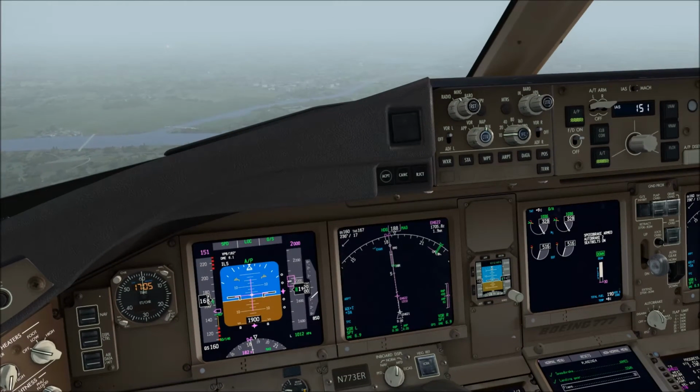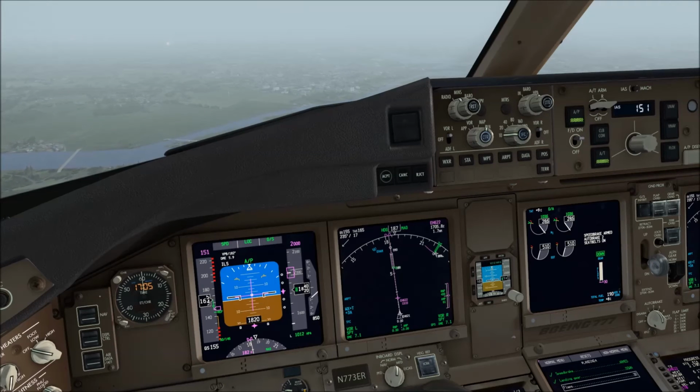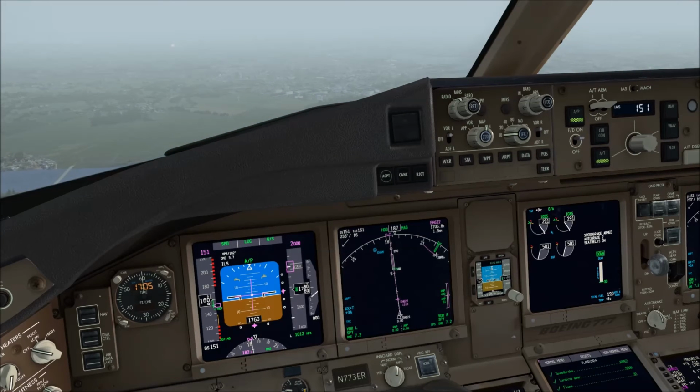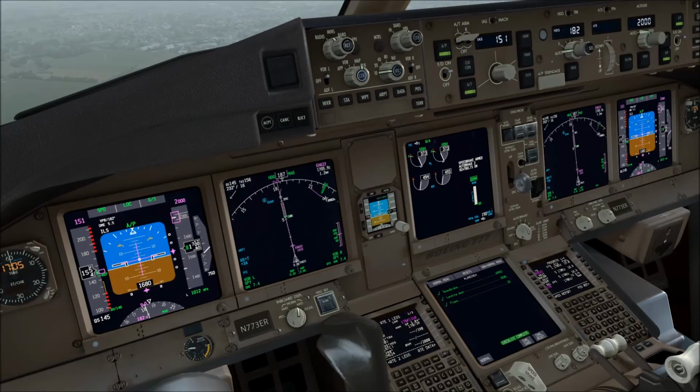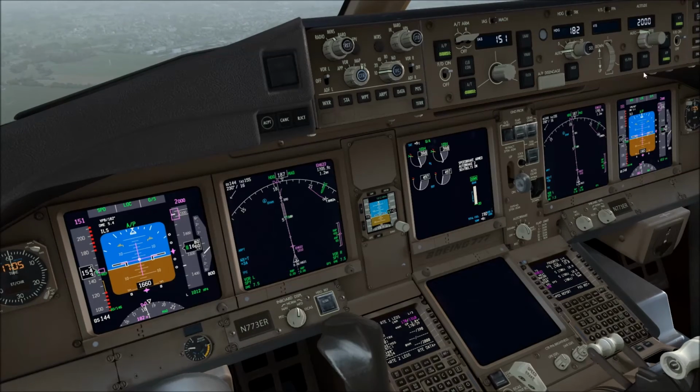We don't want to delay the flaps too long in this instance because we need to be stabilized between 1500 feet and 1000 feet. So the landing checklist is now complete. We can check and close the checklist.